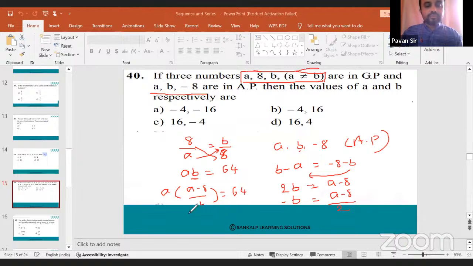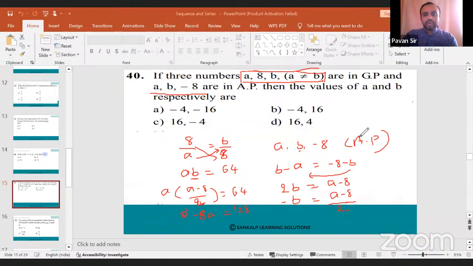Okay. Now try to solve. What is the answer you will get? Try to solve now, fast. A square minus 8A is equal to 128, since 64 into 2 is 128.